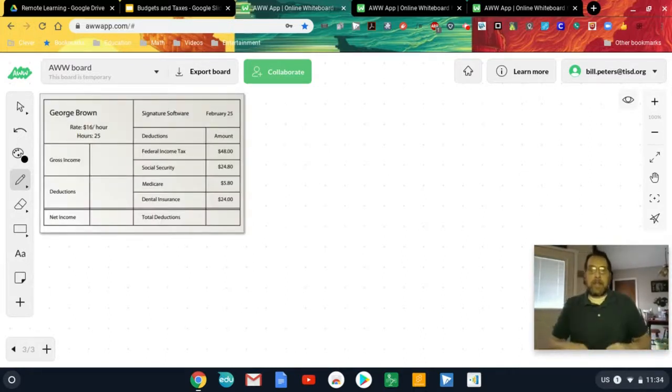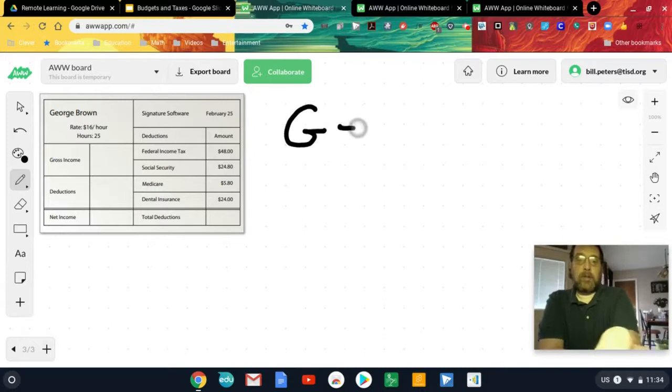Now we come to the second part of the activity, which is gross and net income. First thing I want you to know is that when we go from gross to net, we're subtracting.